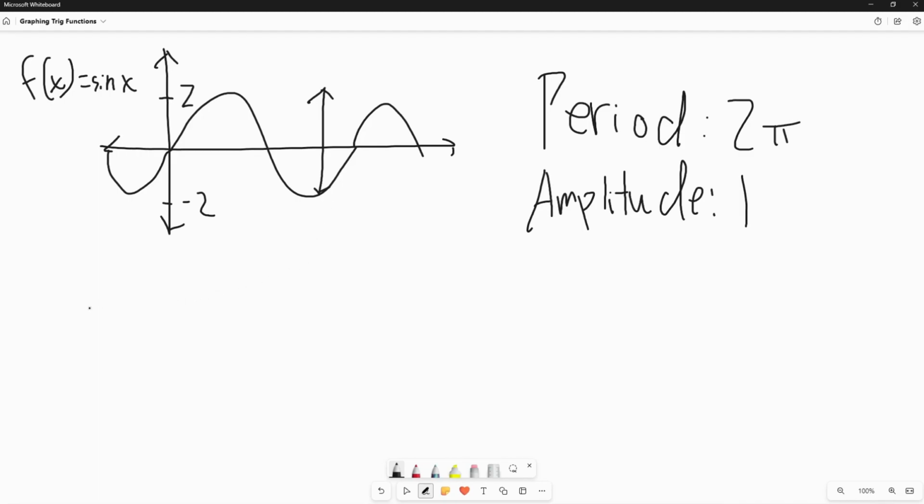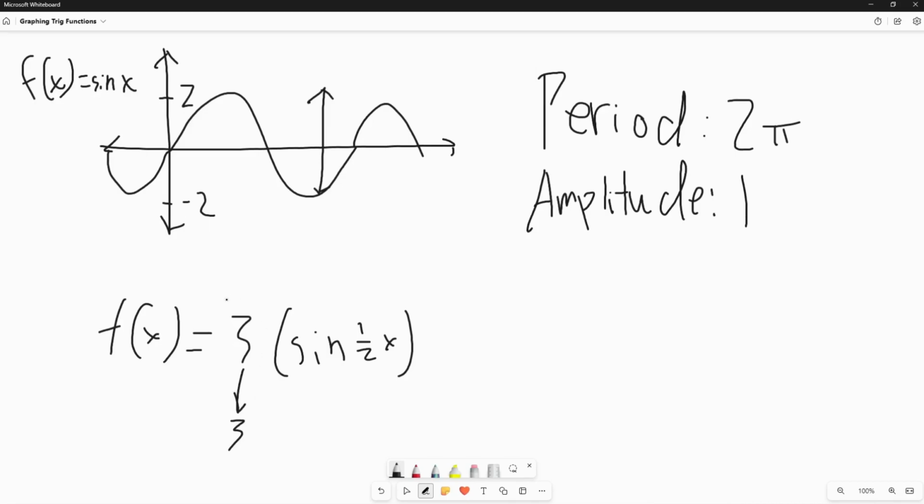Now why does this matter? If we have a function where we're doing transformations to a sine graph, for example, like this, f of x equals 3 sine of 1 over 2 x, what is the period and what is the amplitude? The amplitude would be 3. The amplitude is always the number in front of the equation. If there is none, then it's just 1.